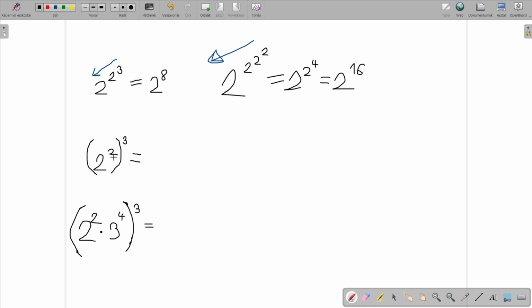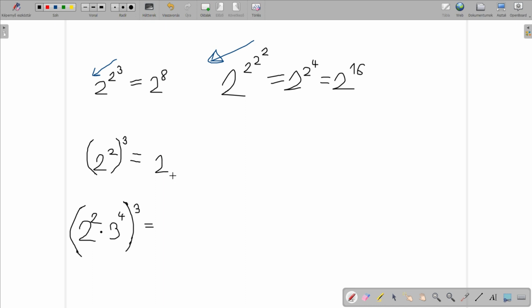Now, what does this mean? Right now, this is in a parenthesis, and that means that I cannot do the thing that happened last time, because firstly I have to do the one in the parenthesis, where I can say that 2 squared is 2 times 2, which is 4, but let's just keep it this way for a minute.